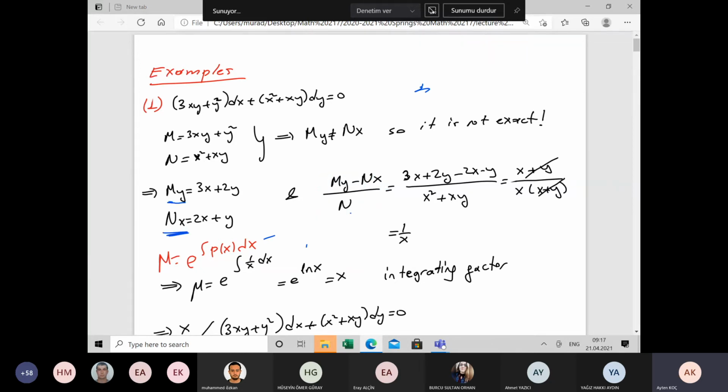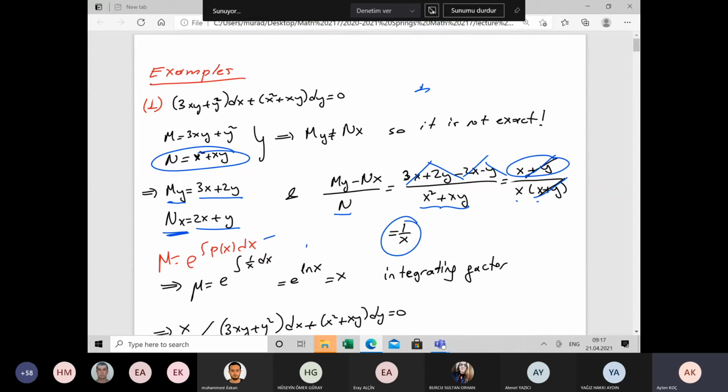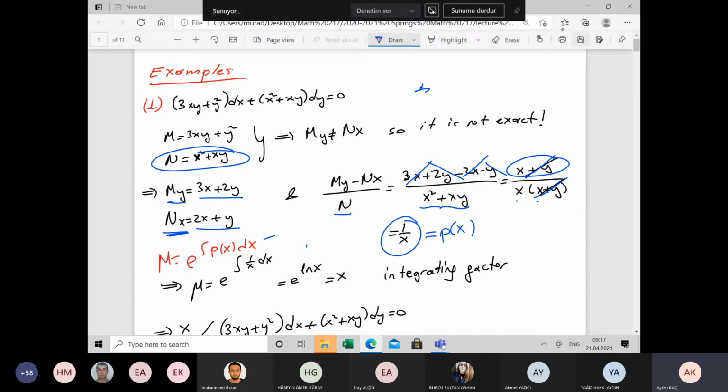So let's compute this quotient. M sub y is 3x plus 2y, minus N sub x, over N. N is this one. So we obtain x plus y, rewrite as x plus y times x, they cancel, and we obtain 1 over x. This quotient gives a function of x, so p of x. It does not contain y.